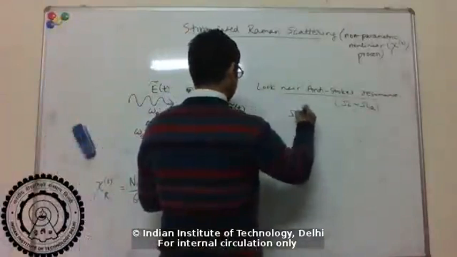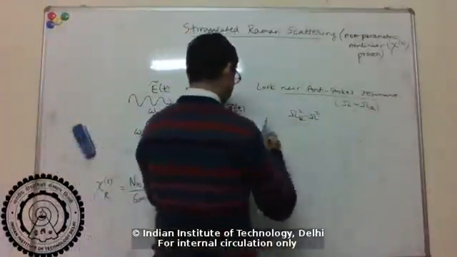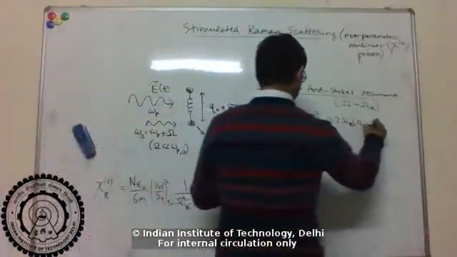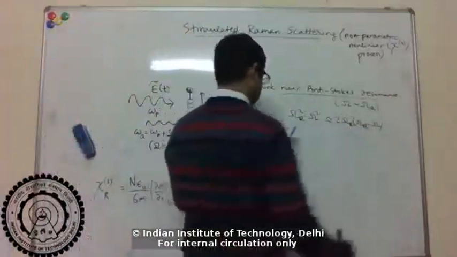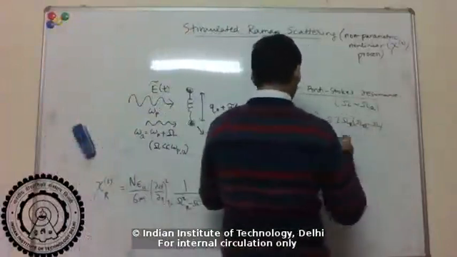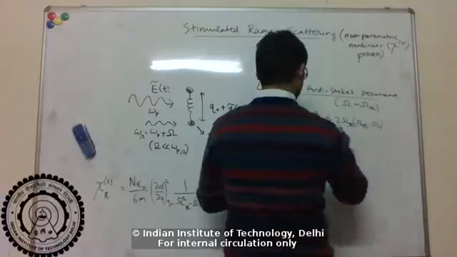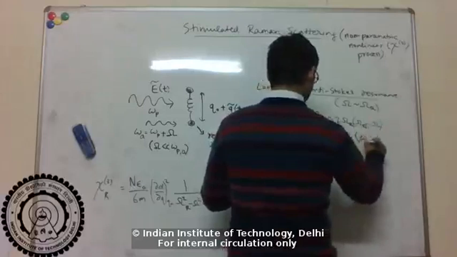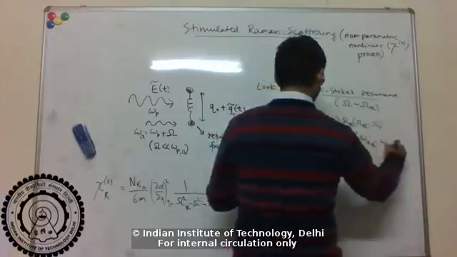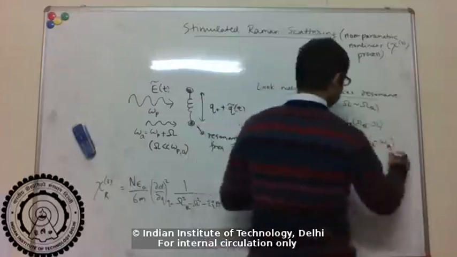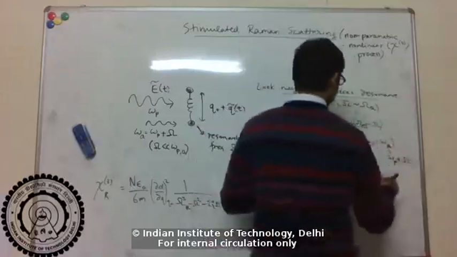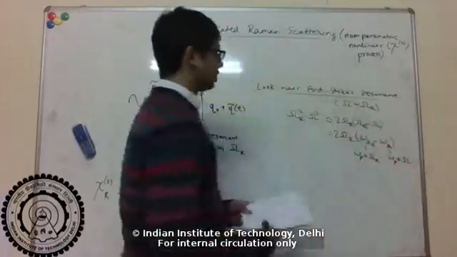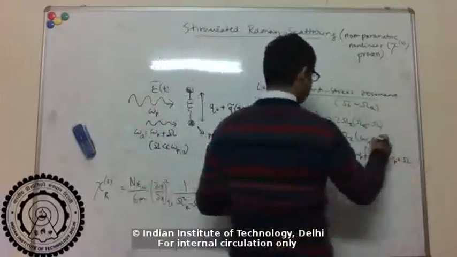So omega r square minus omega square, I can approximate as 2 omega r times (omega r minus omega). Which you can write as 2 omega r times (omega a r minus omega a). Okay, so this is omega p plus omega r, which is the anti-Stokes resonant frequency.